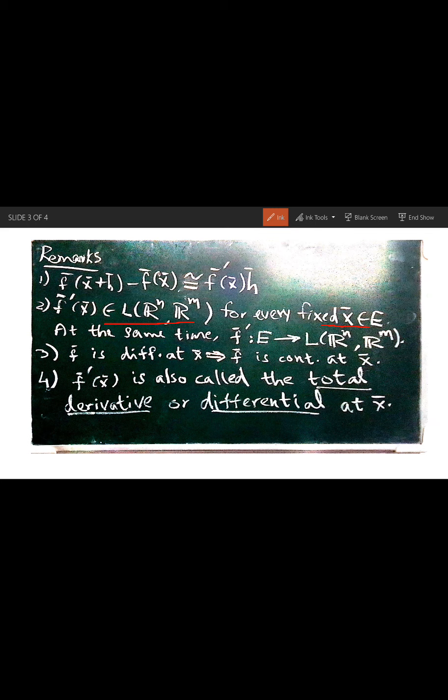So f dash is naturally a mapping from E into L of Rn comma Rm. So f dash of x can be viewed in two different ways. First, as a fixed linear transformation when you fix x in E, and secondly as a function of x. That is this.